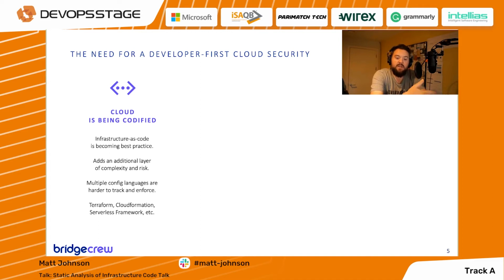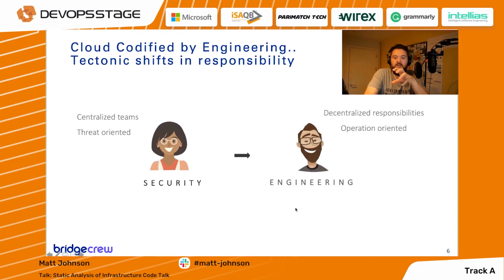So it's adding complexity, and with that complexity comes risk, because historically security has been a very specialist topic, and security teams have been available to analyze and approve infrastructure changes.